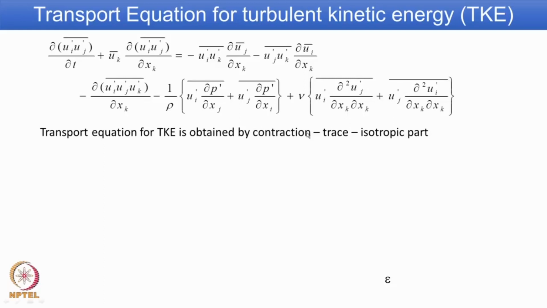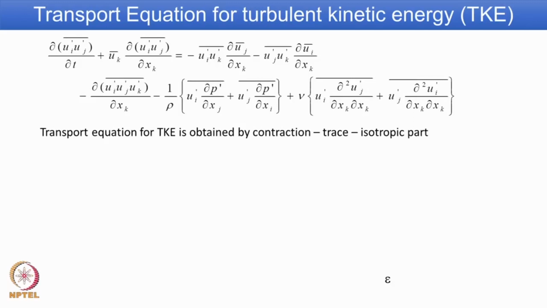in turbulence modeling. So, in this equation again we follow one step in the tensor algebra, what is known as a contraction. The contraction is nothing but taking a trace or taking the isotropic part. So, if you substitute i equal to j, then you get all diagonal elements in the Reynolds stress tensor.